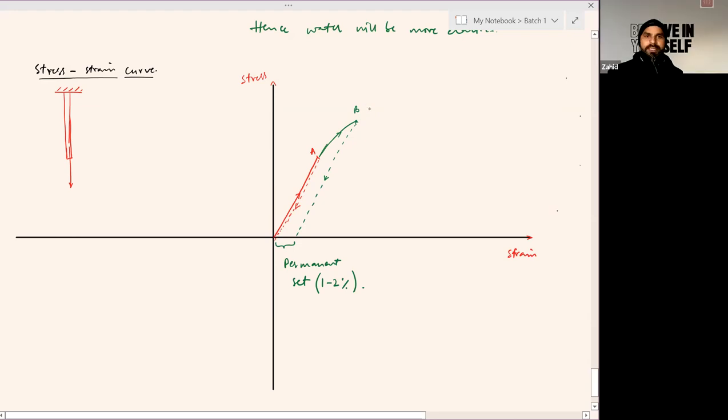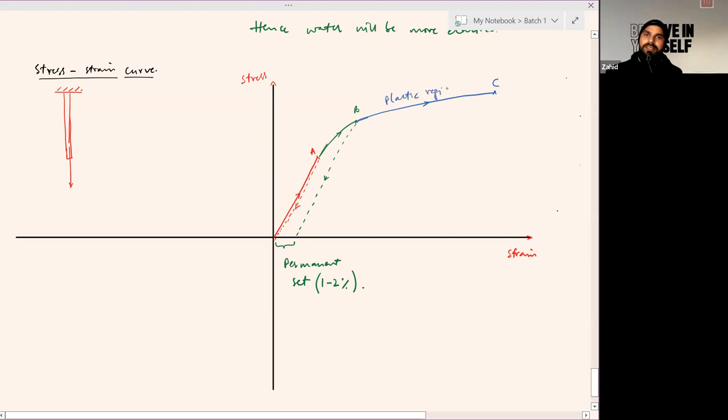Now, if you further increase the deforming force on this wire, it may follow this path to reach point C. From B to C, if the deforming force is removed, this body will lose its ability to regain its original shape, that is, it loses its elastic behavior. It enters a new property called plastic.